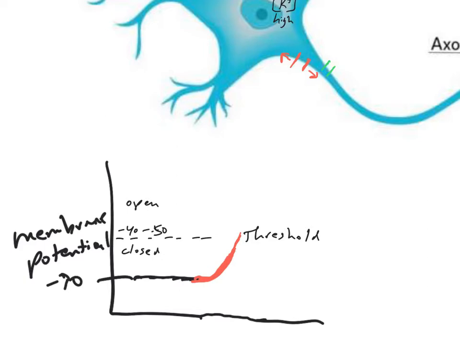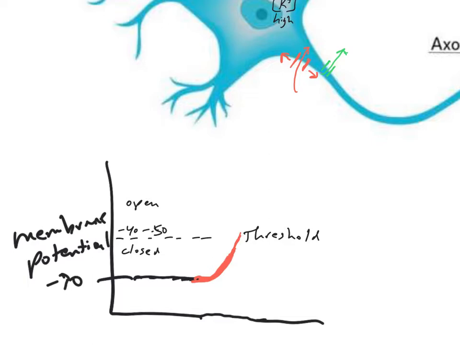When a sodium voltage-gated channel opens, sodium again is going to flood in, and that is going to raise our membrane potential. When potassium channels open at the same threshold, potassium is going to flood out, and that's going to reduce our membrane potential. But the important fact here is that the sodium-gated channels are faster at opening than the potassium. They open at the same time, but the sodium-gated channels open faster.